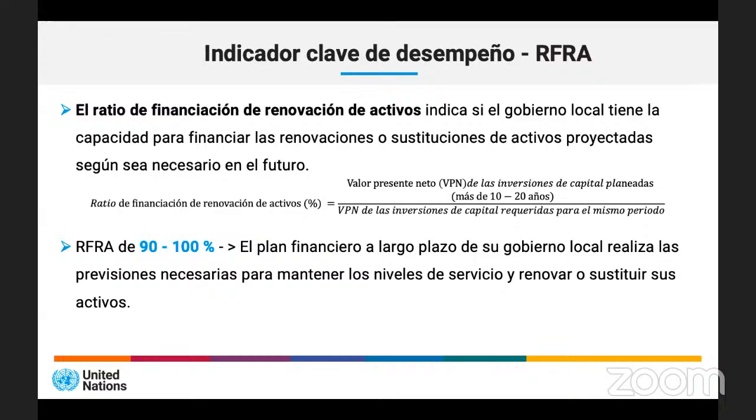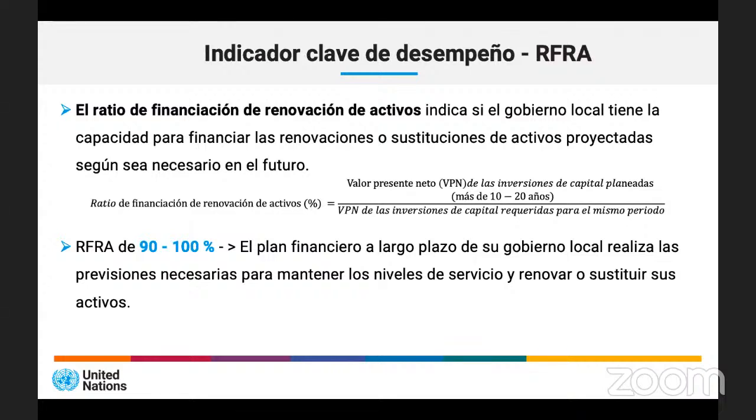That is the net present value of the planned capital investments of renewals, which means the value of the funds needed, produced by the cash flow in the next 10 or 15 years. What's the net present value of those cash flows in installments today, calculating the future.